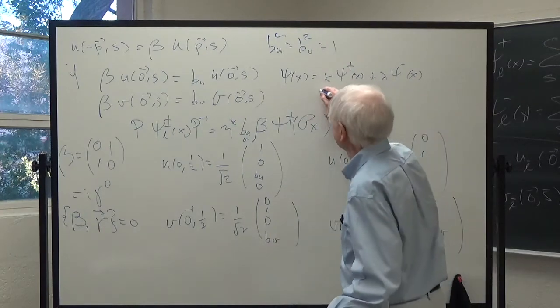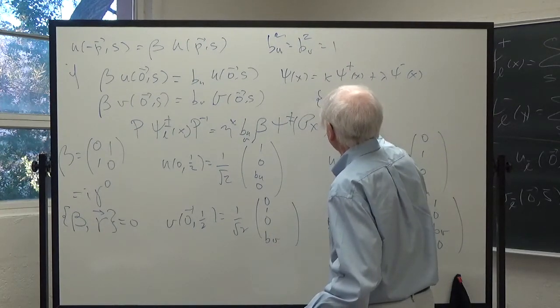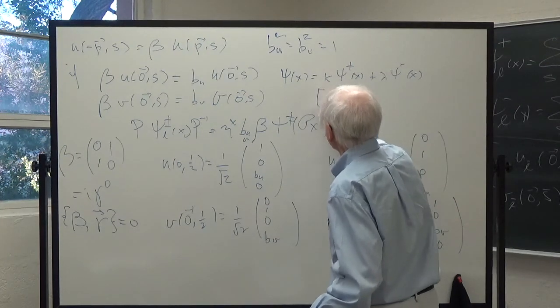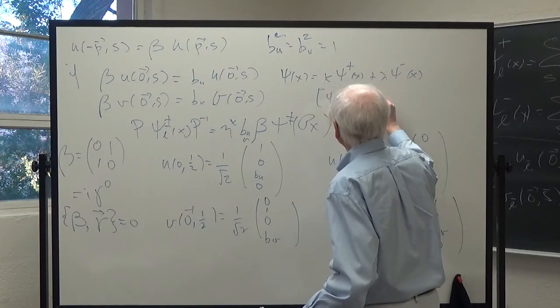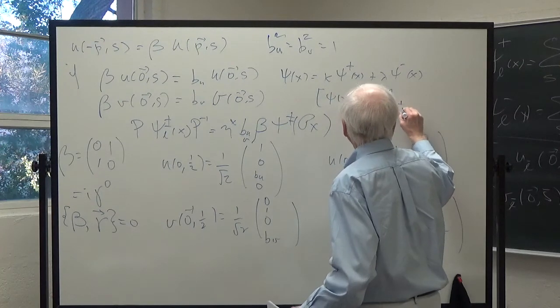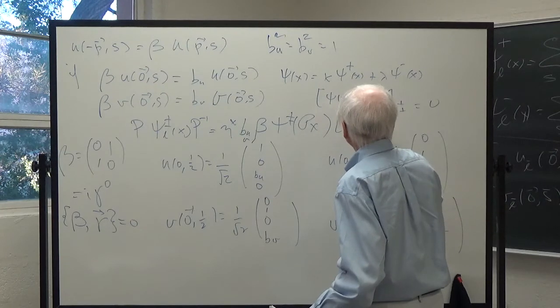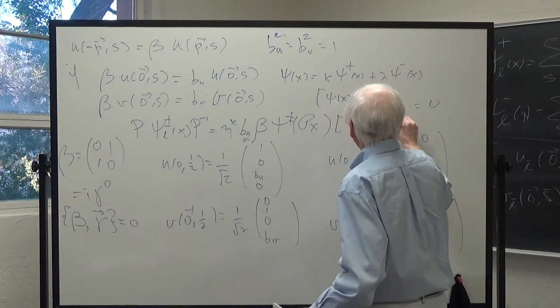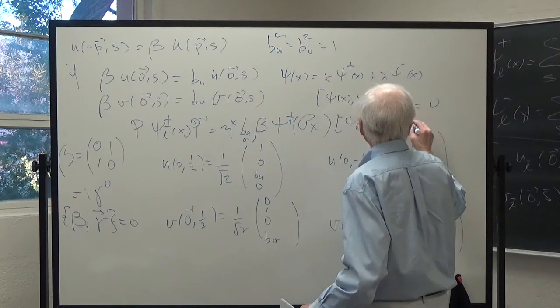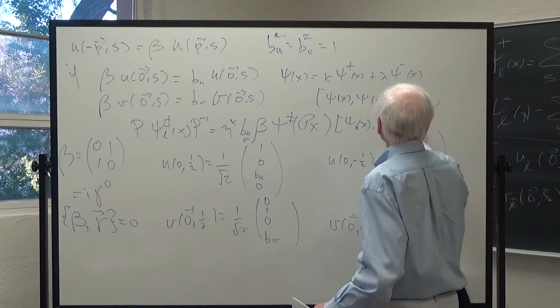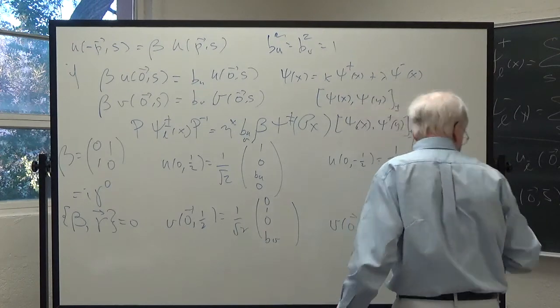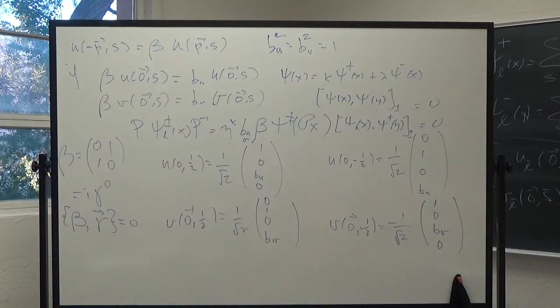We want that at space-like separations, either the commutator or the anti-commutator of psi of x, psi dagger of y, and psi of y vanishes. So at space-like separations, the field should either commute or anti-commute, both with itself and with its adjoint.